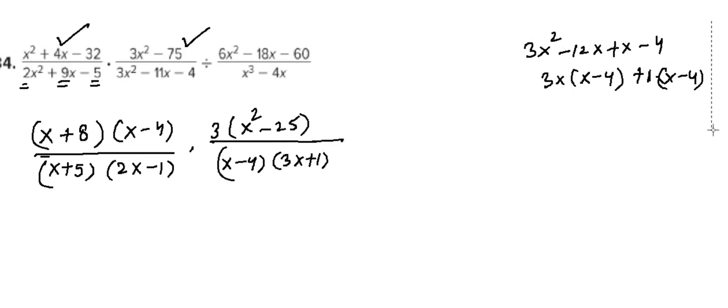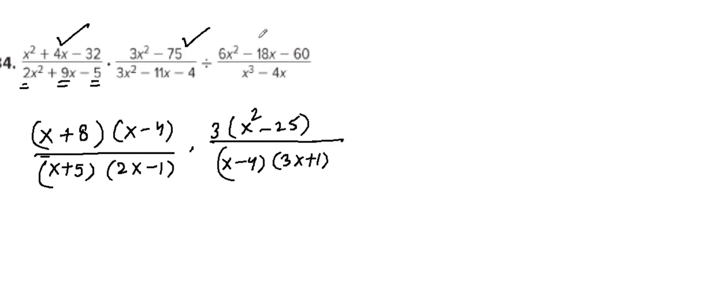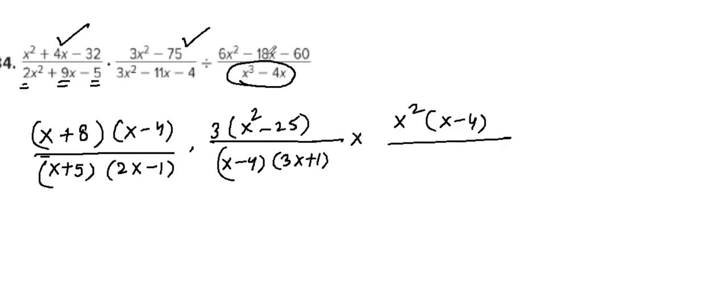The last one is divide. Divide will change into multiply, and write this up. Take x common. What is left? x minus 4. Factorize it separately: 6x square minus 18x minus 60. You can take 6 common first.